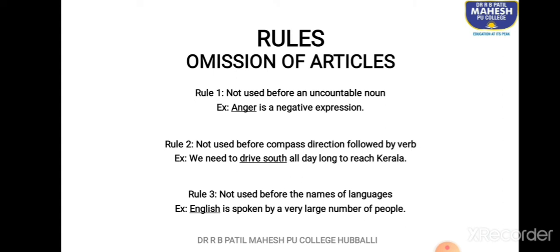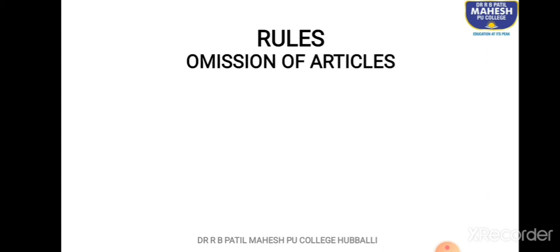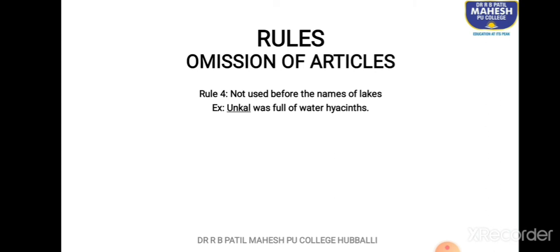Next rule: not used before the names of languages. Names of languages like English, Hindi, Kannada, Telugu, Tamil, Marathi, etc. So, English is spoken by a very large number of people. Next set of rules of omission of articles.